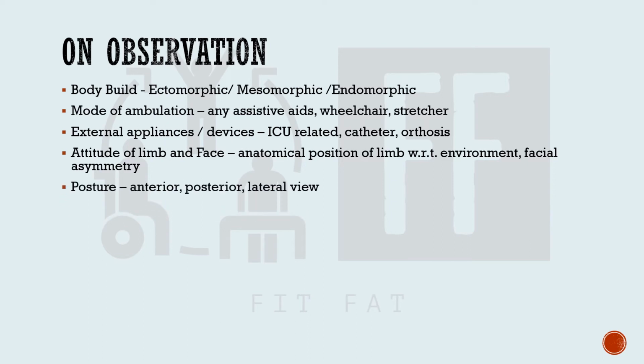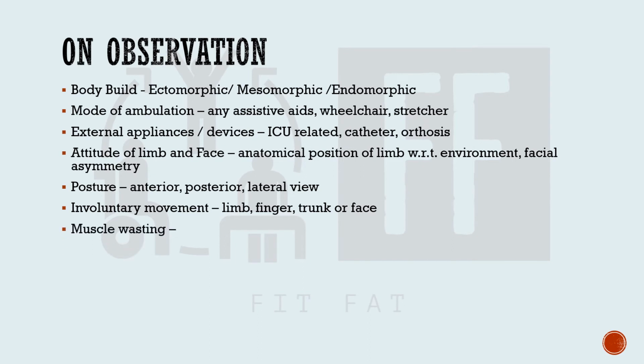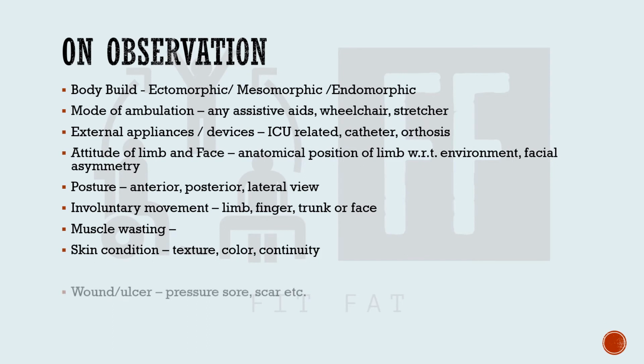Then comes your posture. You have to see the posture in anterior, posterior and lateral view. Then comes your involuntary movement. You have to check involuntary movement in the limb, finger, trunk or face. Then comes your muscle wasting. Then skin condition. Under this you have to look for texture, color and continuity of the skin.